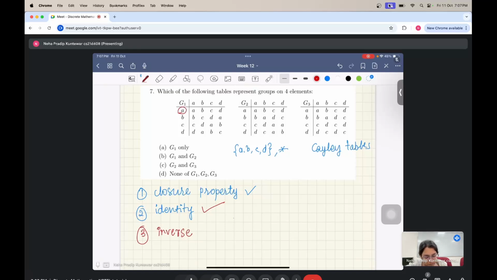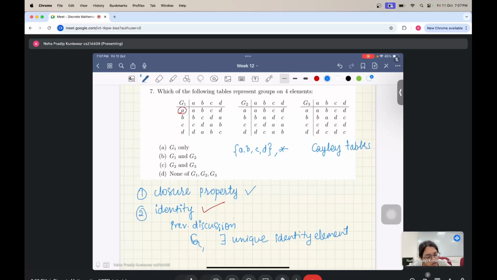Maybe before we get there, let's observe one claim that we know. From the previous discussions, we know that for any group there is a unique identity element.